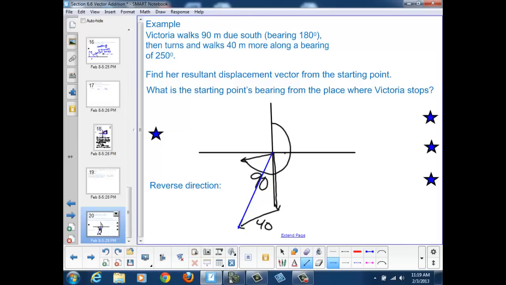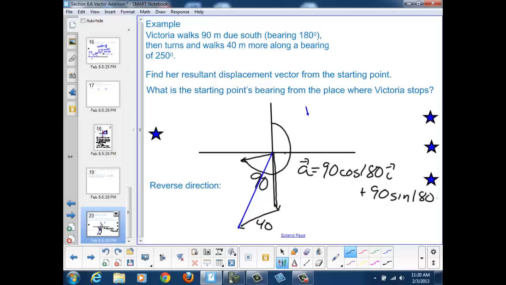So we think about the triangle we've formed, and we can solve this via triangle or components. Let's solve it with components. So we break down our two vectors. Our first vector, let's call that A, is going to be 90 cosine 180 i plus 90 sine 180 j.